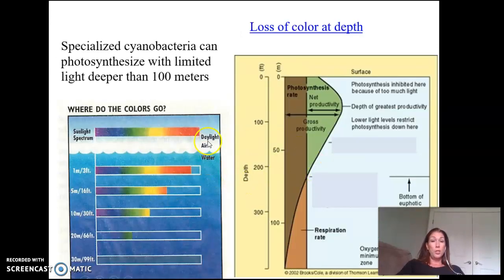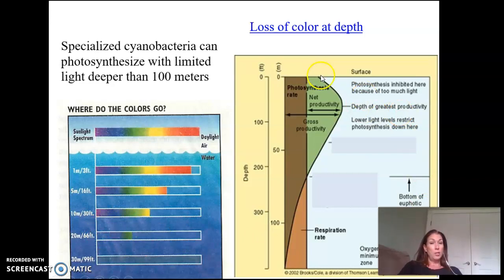Now our ocean also doesn't have photosynthesis going on evenly through depth, because we start to lose our light as we keep going in depth. And by about 100 feet, we've lost all of our visible light. And so what happens is as you go deeper, you start to see more blue-green algae, because they are able to use that blue-green wavelength of light to continue to photosynthesize even at depth.